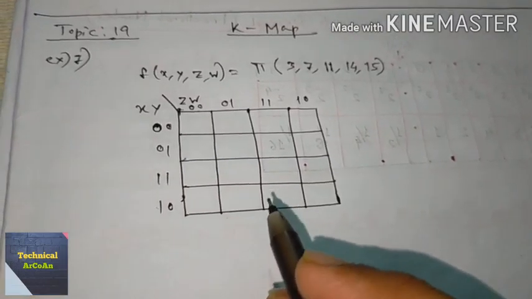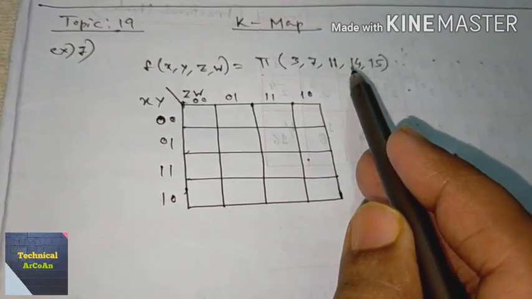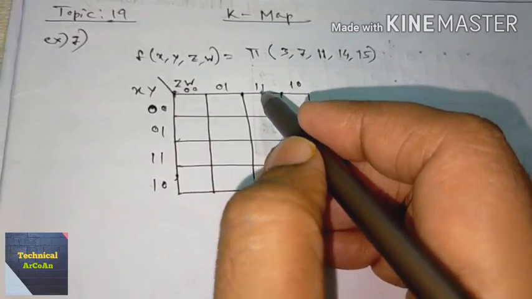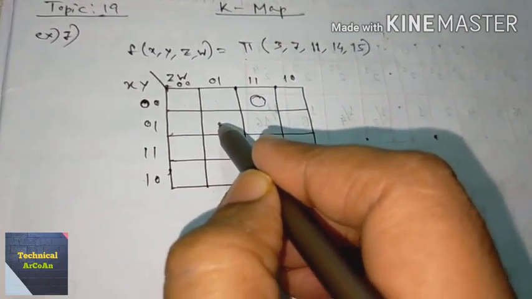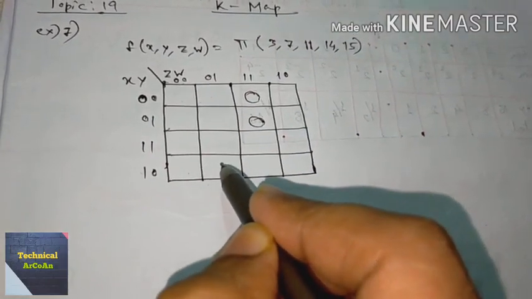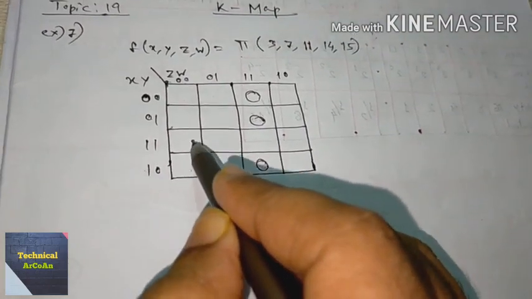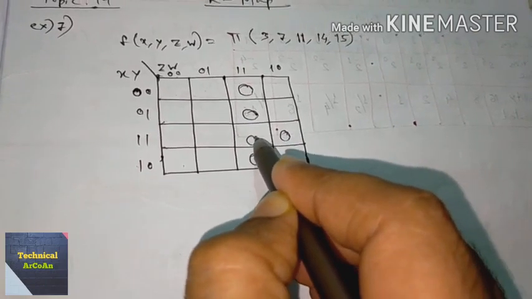Now the 7th example, here using the max term, because pi 3, 7, 11, 14 and 15. So what will be the position of 3? This is 0, 1, 2, 3. This will be the 0, okay? 4, 5, 6, 7. This will be your 7, 8, 9, 10, 11. So this will be your 11, 12, 13, 14 and 15, okay?